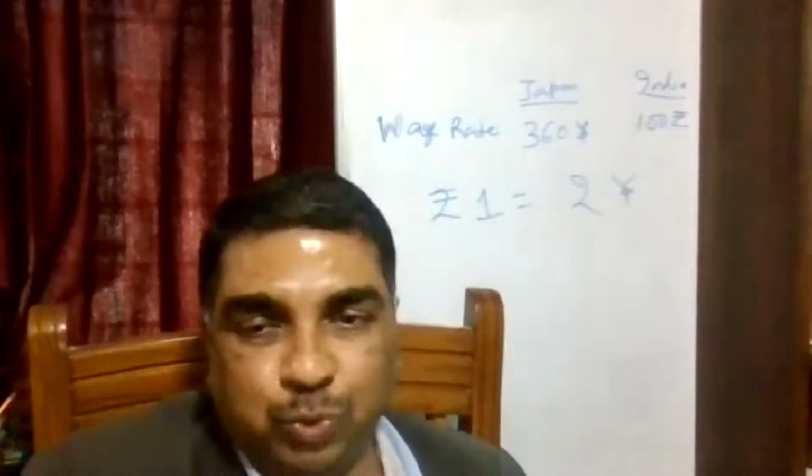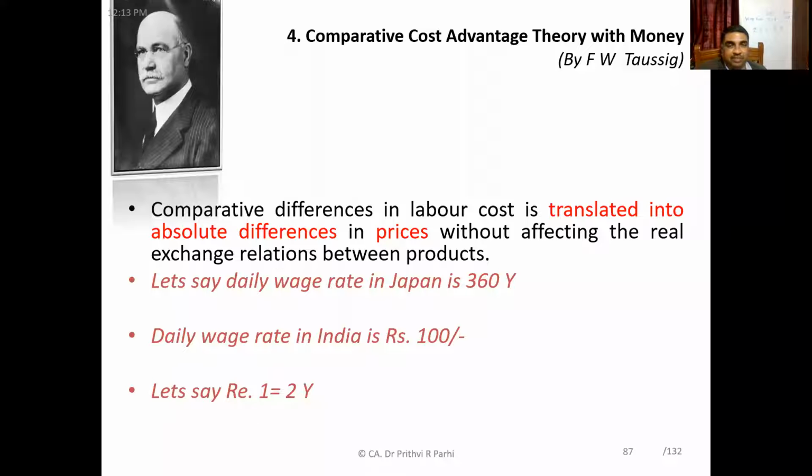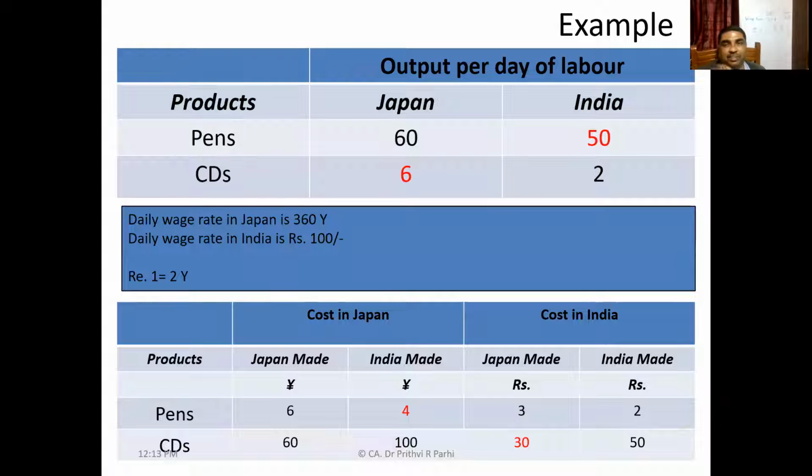Now, next example, you can look at this table. First try to understand the first table. We are taking output per day of labor. How many pens can be produced in Japan per 1 day of labor? 60.